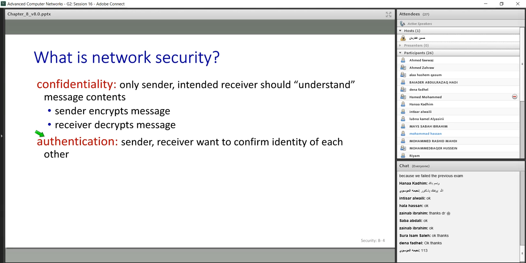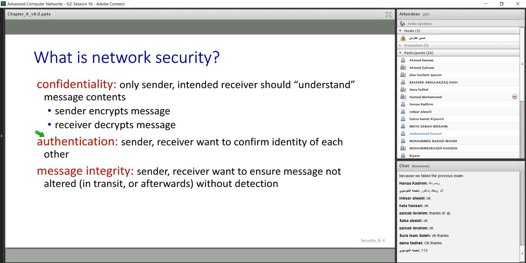Is the real Ahmed Faiz? We call it authentication. The sender and receiver should confirm their identities to each other. Maybe one side, maybe both sides.